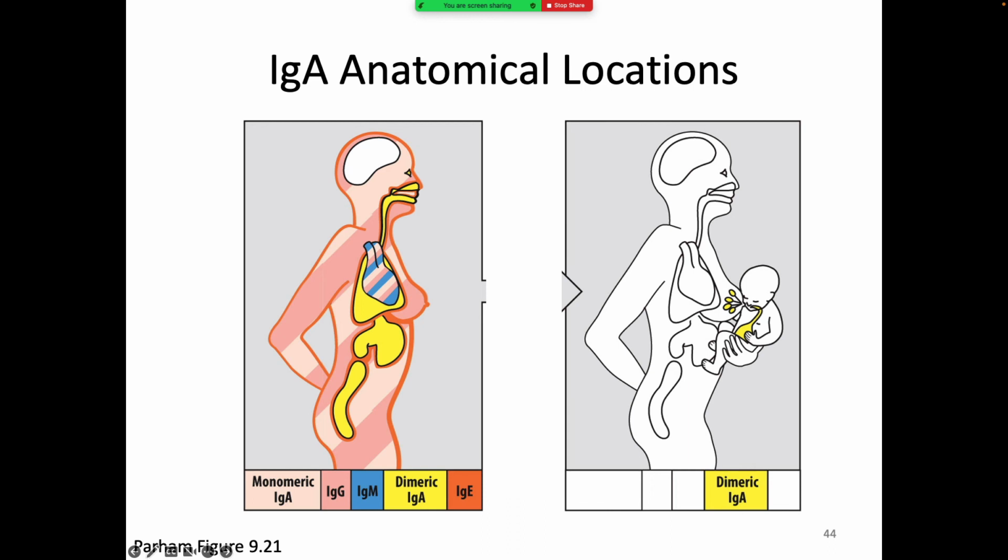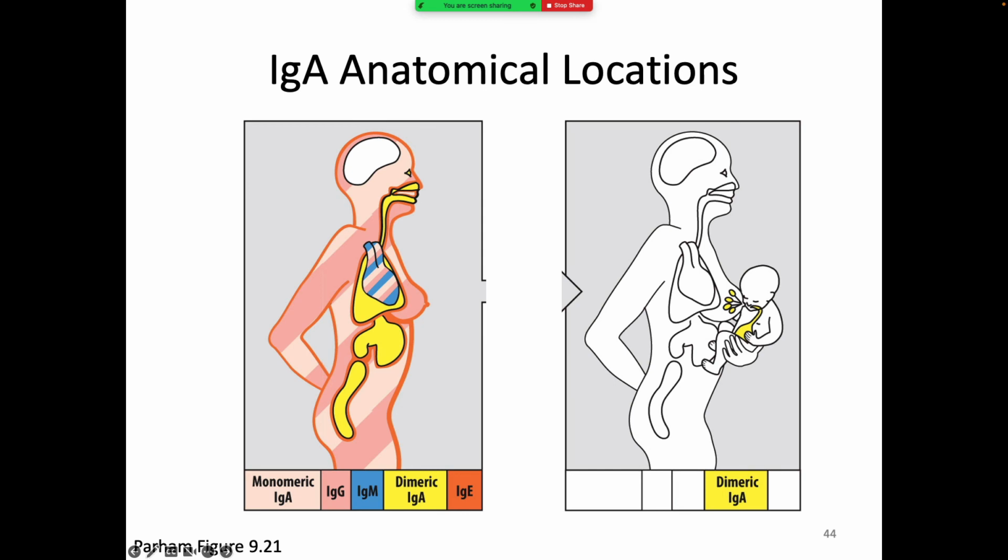It almost helps them be barriers because it's there while none of the other antibodies are there. Also, interestingly about IgA, IgA is found in breast milk. And so mothers who breastfeed are also giving IgA to their babies so that their babies do have IgA in their GI tract.